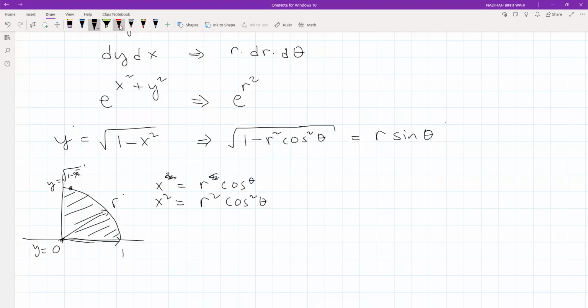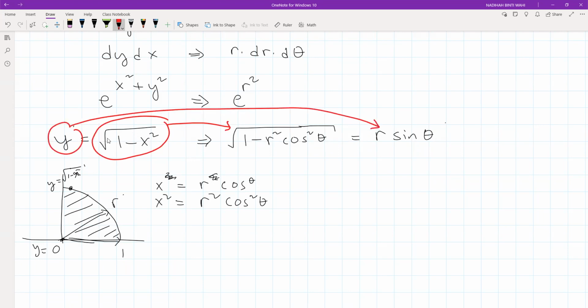So why did I translate from this one is x, and then y is this. Okay, so if I square both sides, I will get 1 minus r squared cosine squared theta equals r squared sine squared theta.